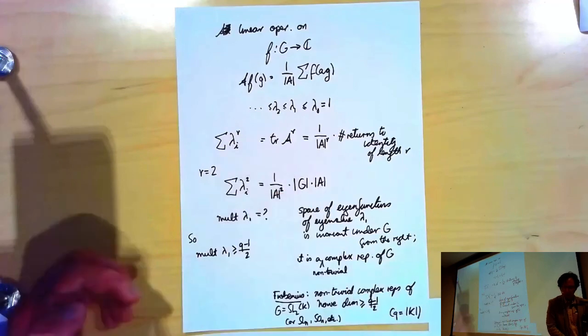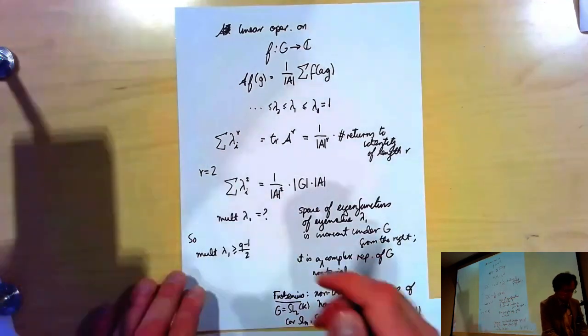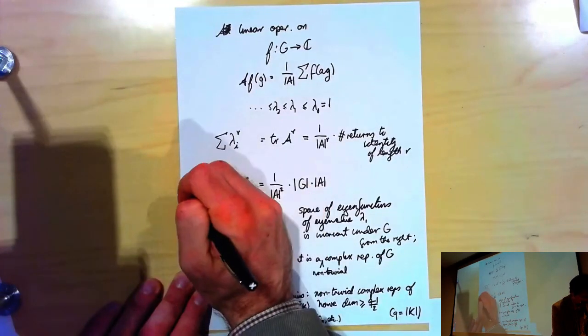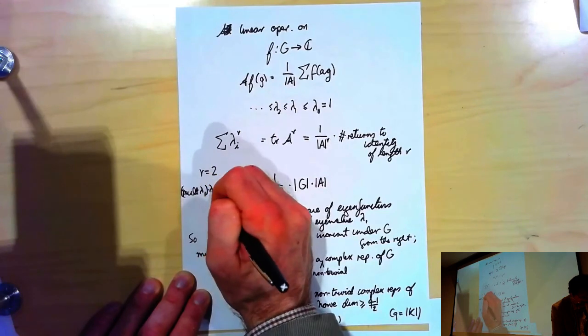But this means that this sum here is, of course, at least the multiplicity of lambda 1 multiplied by lambda 1 squared. We just ignore all the other terms.